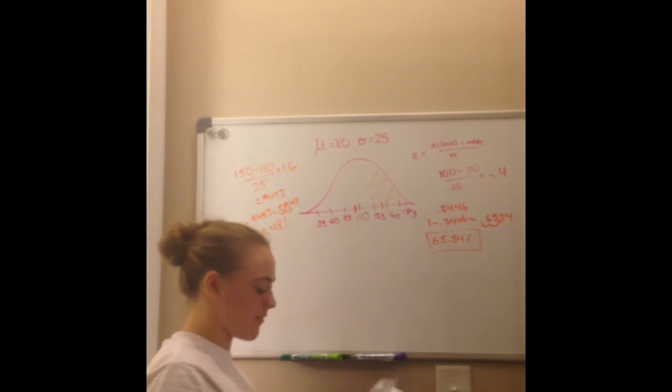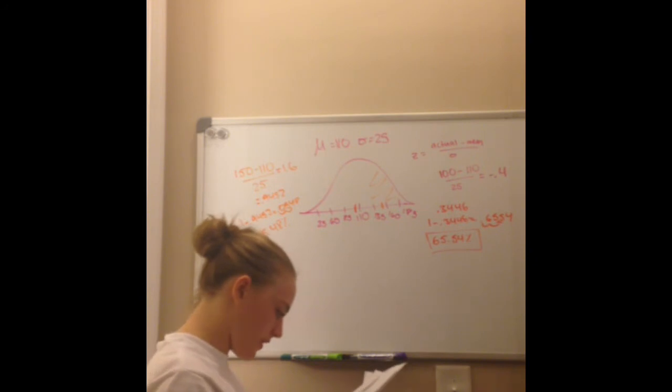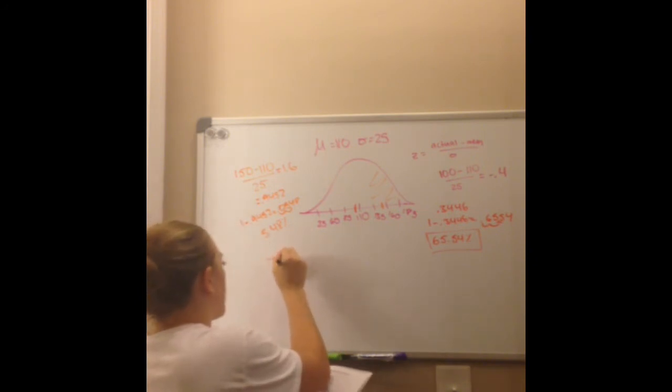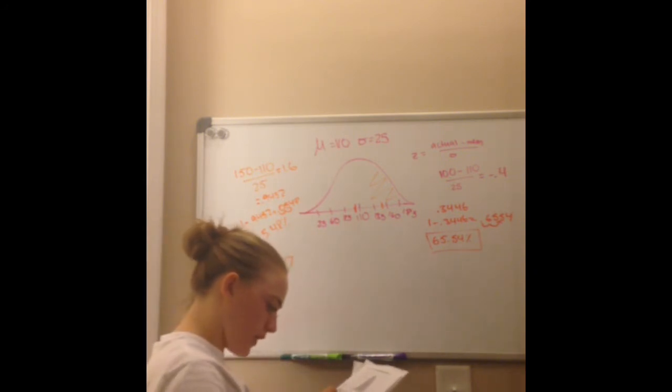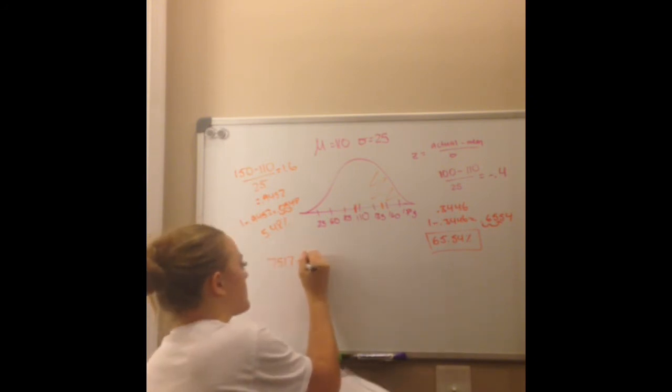You're going to find 0.75. So the closest we find to that is 0.7517. 0.7517 is at the numbers 0.68.